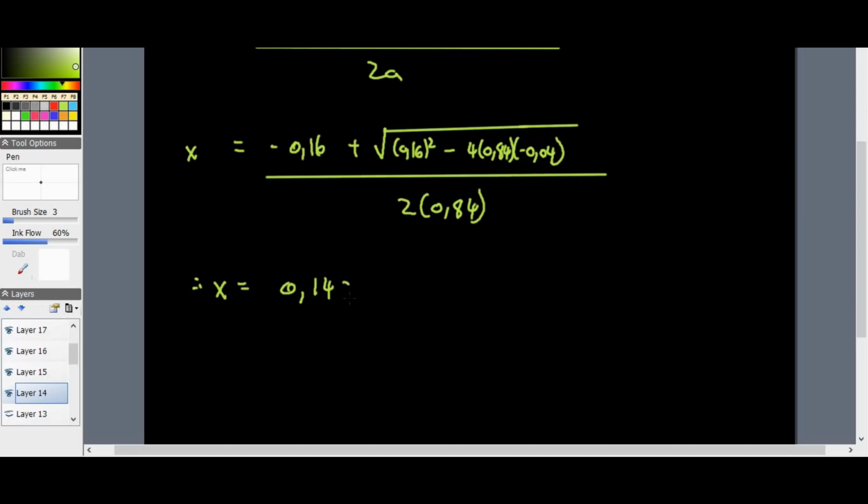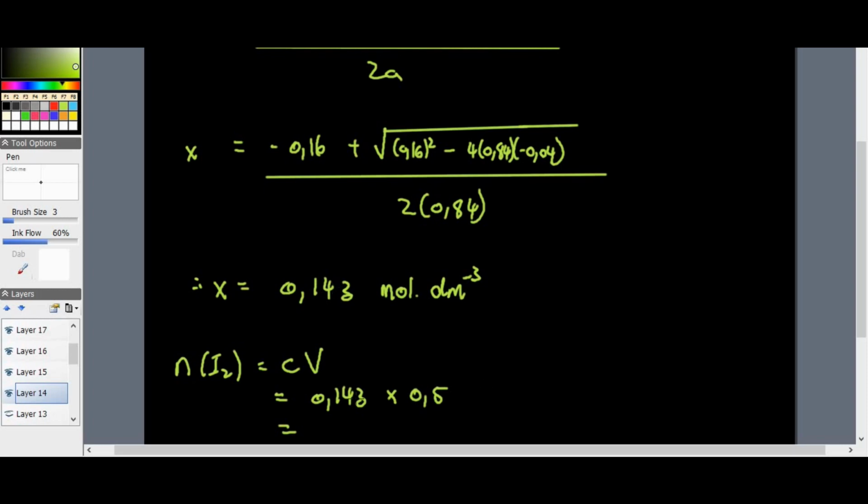0,14285, so that's 0,143. But remember, this is the concentration method, so this is mole per decimeter cubed. Now we need another calculation to say, well, n of iodine gas is going to equal, of course, c times v. So that's going to equal the concentration, which is 0,143, multiplied by the volume, which was 0,5, and that's going to equal 0,071, because I took the entire answer.